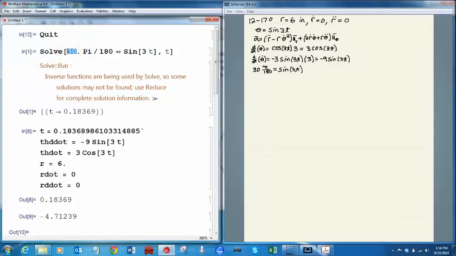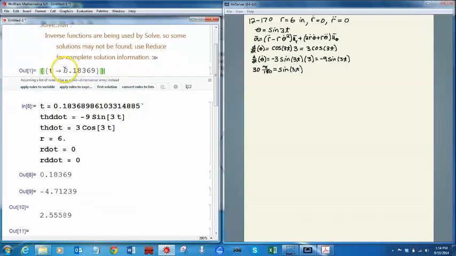First thing to do is to solve your equations for t, which is what I do here. The number I was given in the book was theta equal to 30 degrees. I converted it into radians and then solved for t. Then I copied and pasted the answer for t down here. Even though Mathematica only shows you 5 digits, it holds a lot more digits, so when you paste it, it comes out with all of these extra digits.